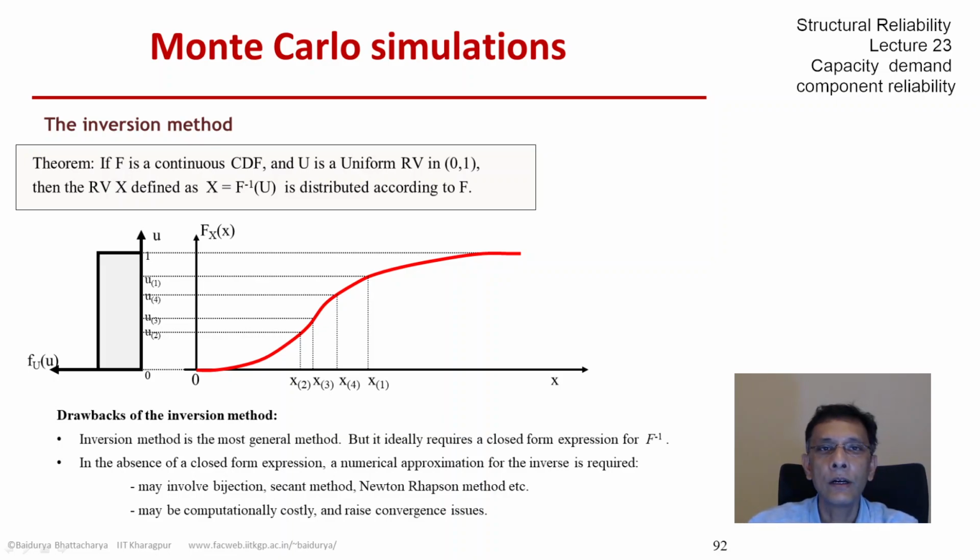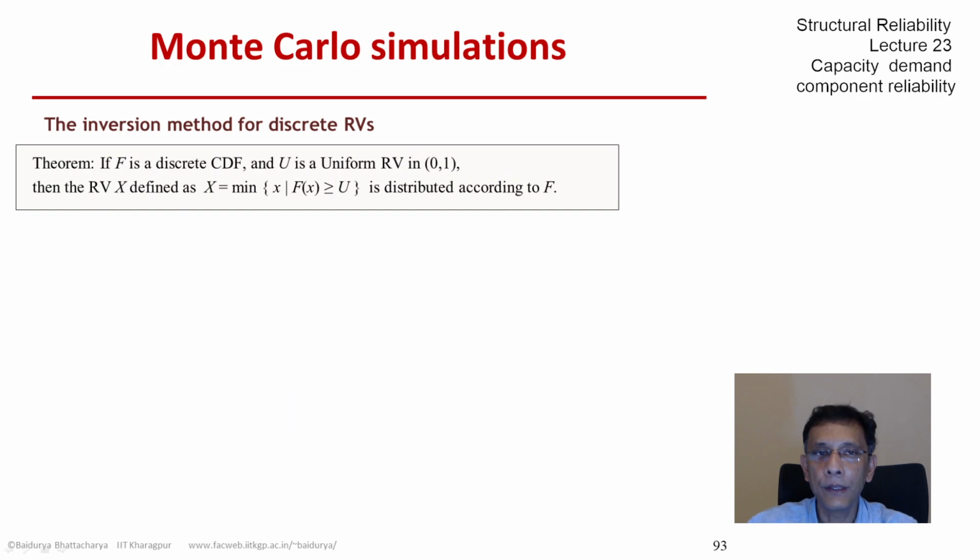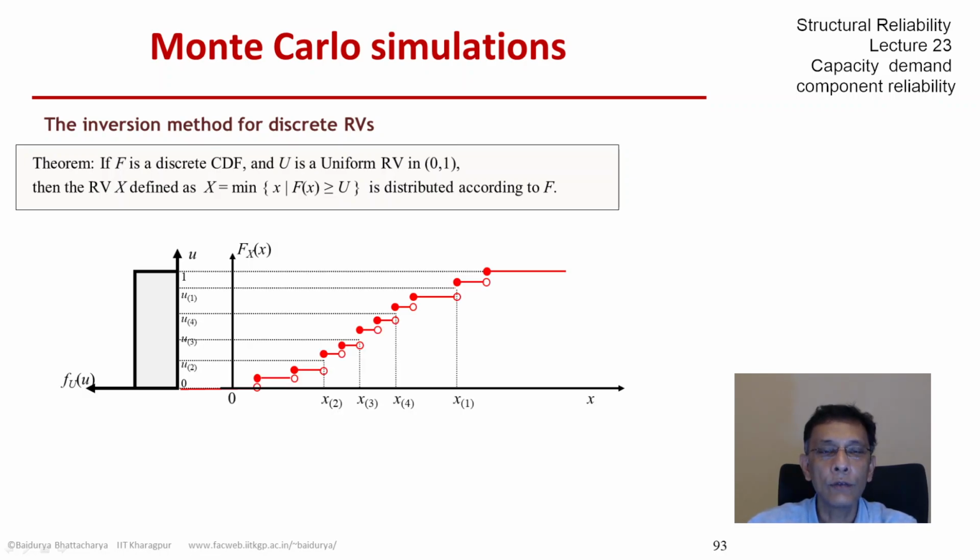When you have discrete random variables, we can use the same inversion method, but we just need to remember that the CDF is not a smooth function, it's a step function, and when we invert we have to keep that in mind. So for example, you see a series of these steps, the CDF of the discrete random variable x, and if we generate say u1 as before, then we read off the CDF curve and see which step it belongs to.